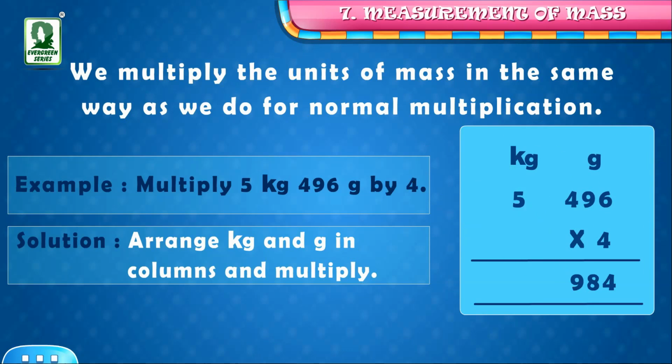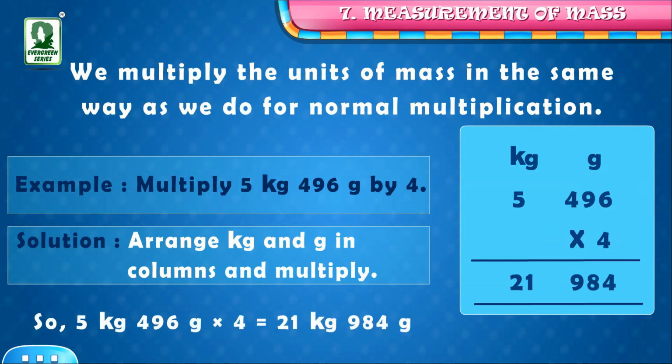We will write 9 under gram column and 1 as carry forward on kilograms. Then multiply 4 by 5 is equal to 20 kilograms plus 1 of carry forward will result to 21 kilograms. So 5 kilograms 496 grams multiplied by 4 is equal to 21 kilograms 984 grams.